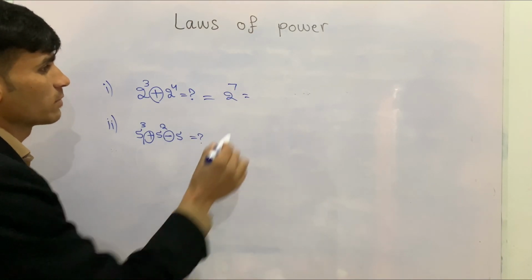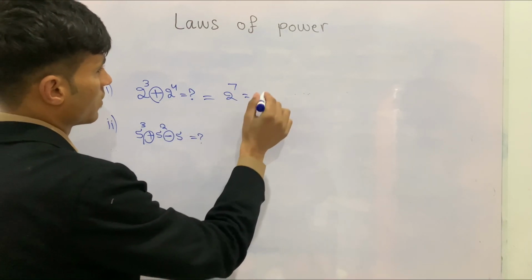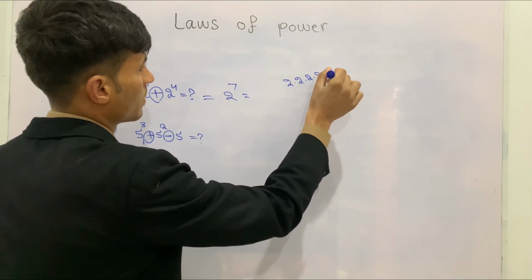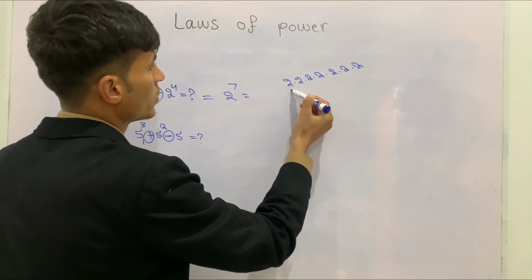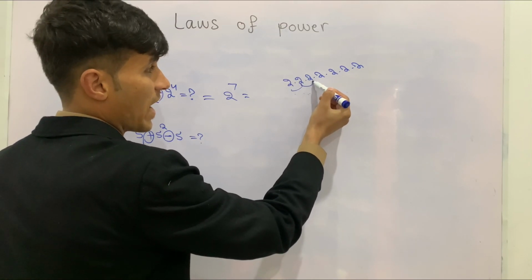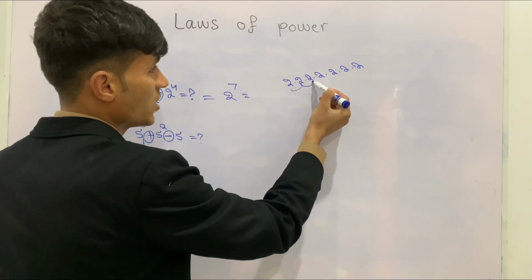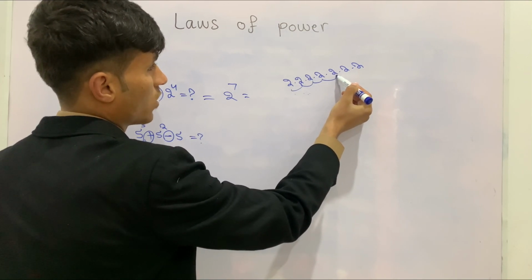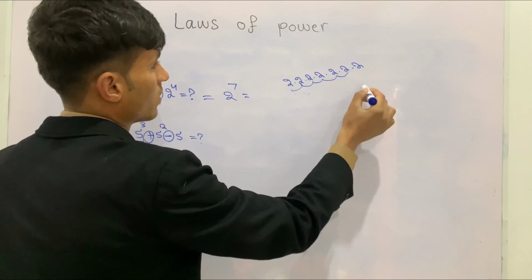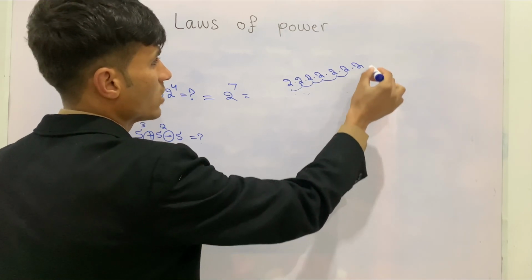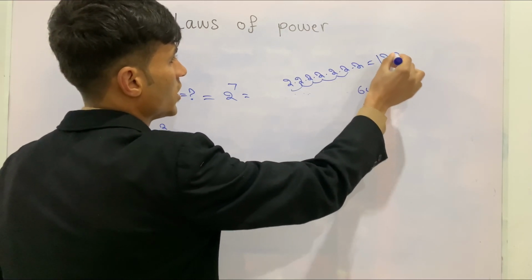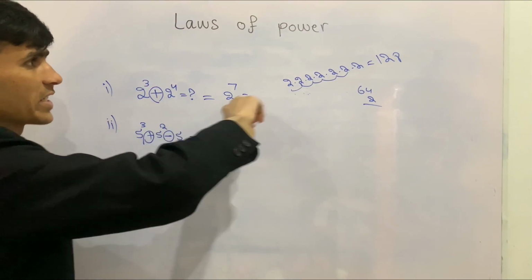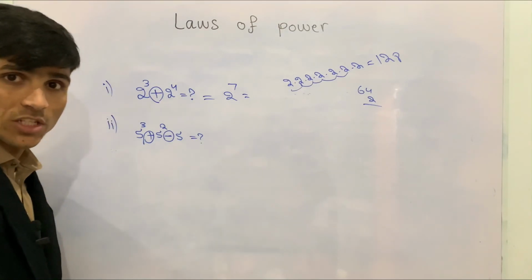2 to the power 7 becomes 2 multiplied by 2 multiplied by 2, and so on, which gives 128. If you apply the first rule, its answer is 128.